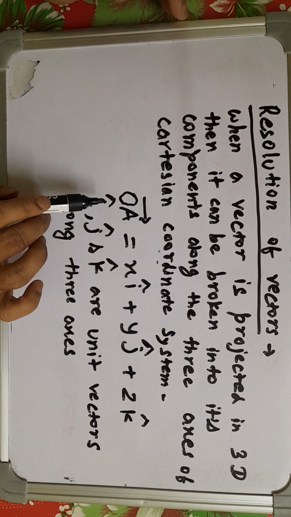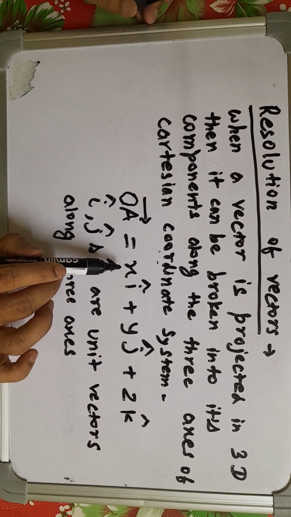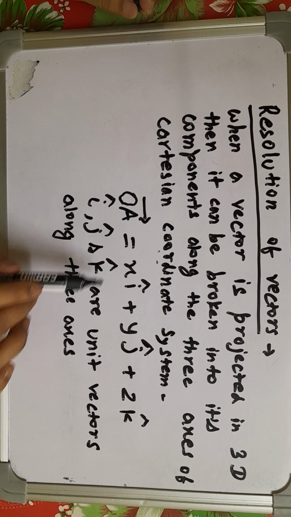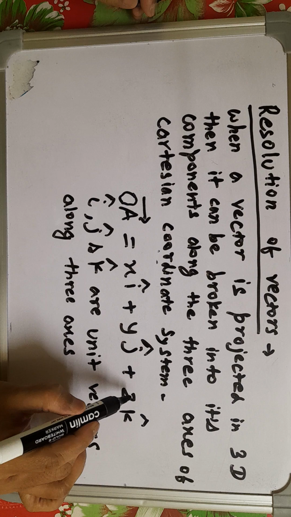Okay, so OA vector will be x i cap plus y j cap plus z k cap. That is, x is the component along the x direction, y is the component along the y direction, and z is the component along the z direction.